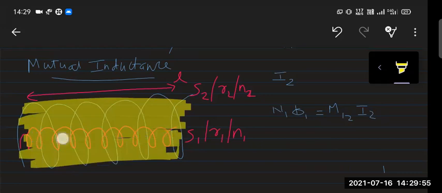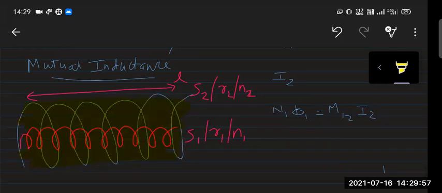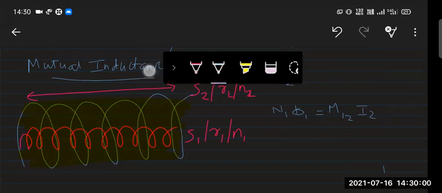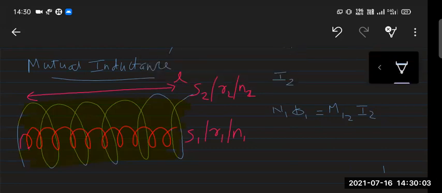Mu naught N I. So it is mu naught N I. Now you want to calculate this value, N1 phi 1, because that is the flux linked over there. This entire portion, the bigger solenoid, has a magnetic field in the entire area.